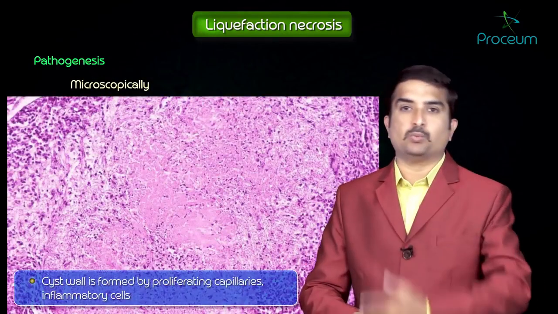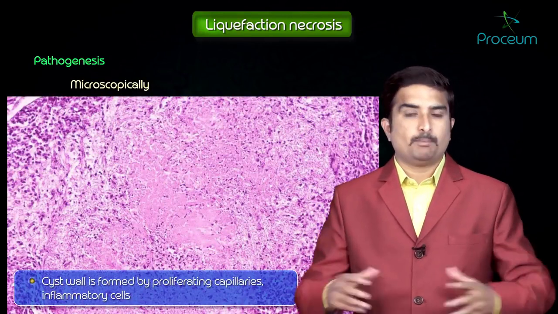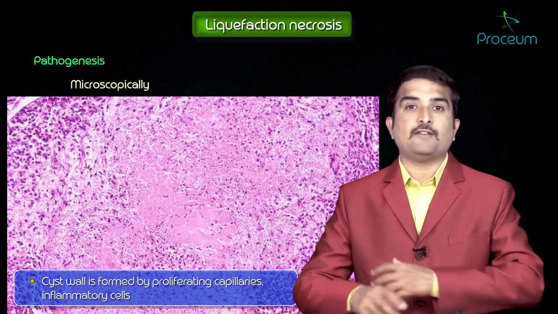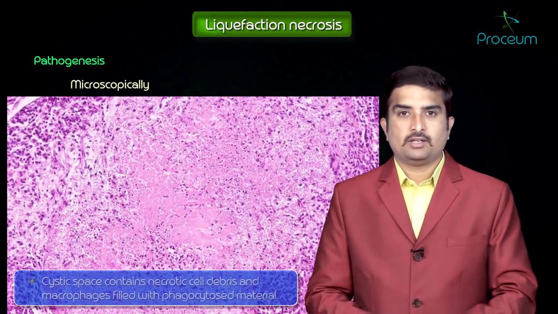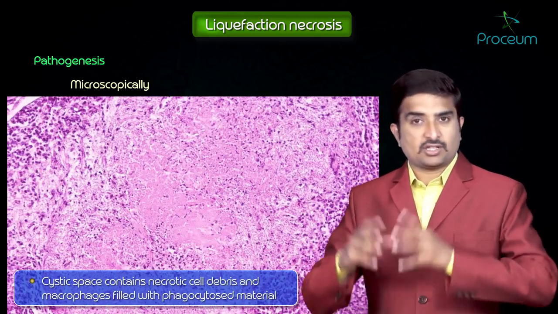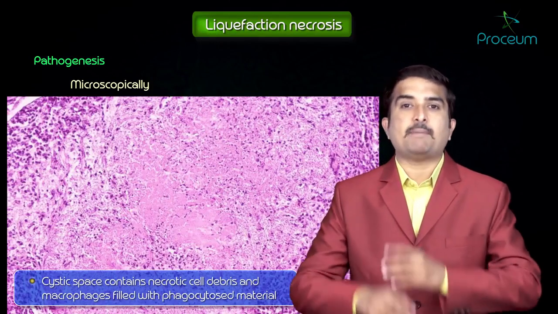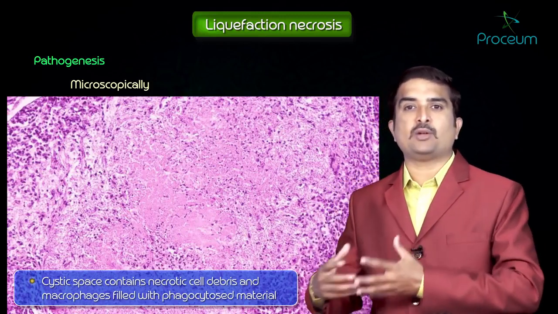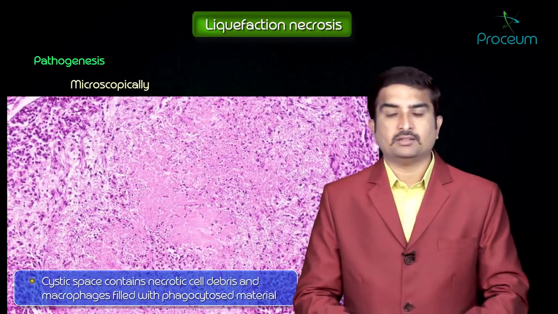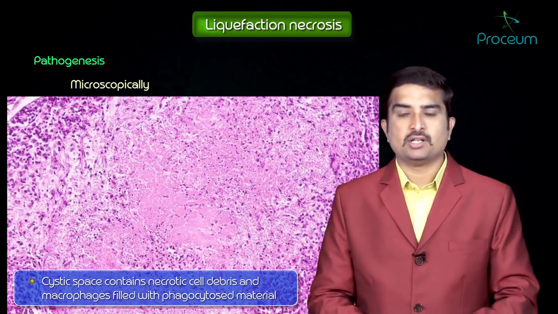Microscopically, the cyst wall is formed by proliferating capillaries and inflammatory cells. The cystic space contains necrotic cell debris and macrophages filled with phagocytosed material. This is what you should know about liquefactive necrosis.